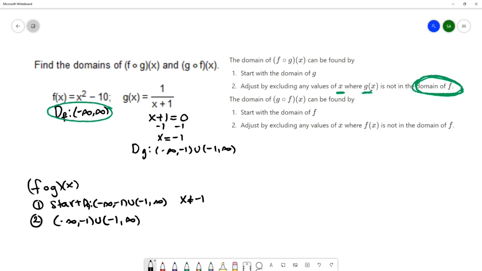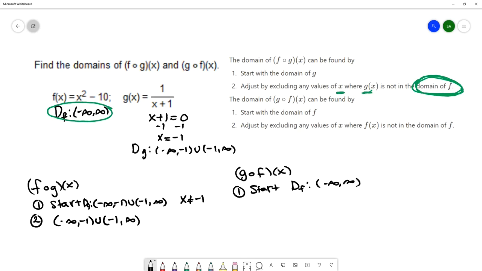Let's take a look at the other one, g composed with f of x. When we're finding the domain of g composed with f, we do it in the same way. We're going to start with the domain of the inside function, whichever function is listed second. So we're going to start with the domain of f. And that was all real numbers.